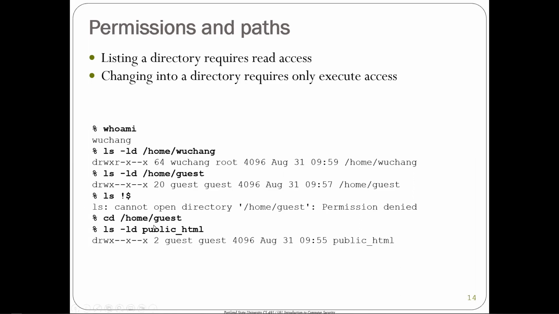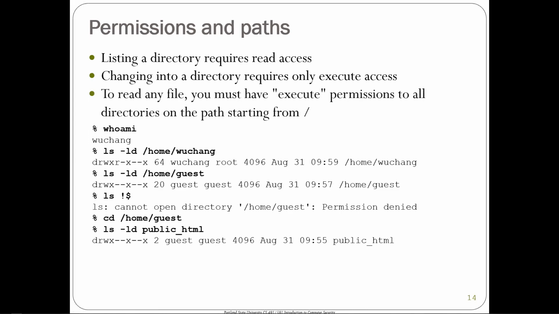And if there is a directory within it that I already know exists, like the public_html directory, which is everyone's default web page on a lot of these web server distributions, then you can actually perform a listing on files that you know exist. Here it says public_html is a directory inside of home guest, and that also has just execute bits for others. And so now I can actually change into that directory too.